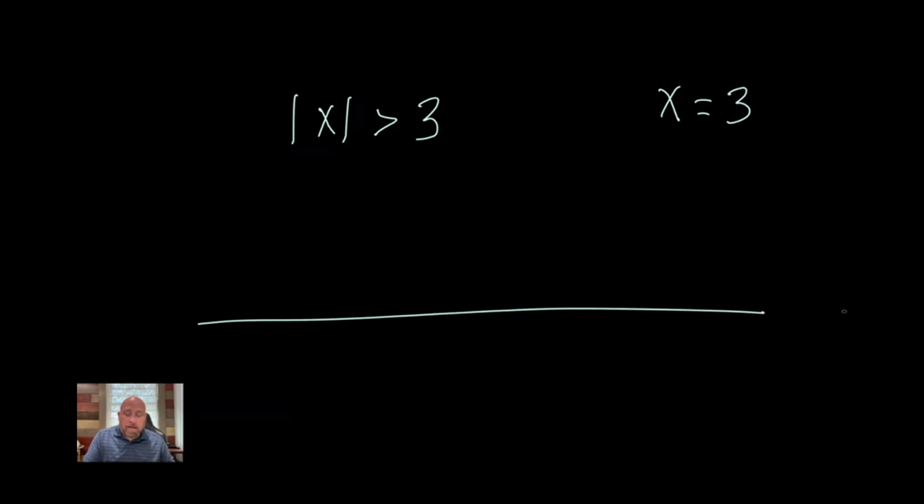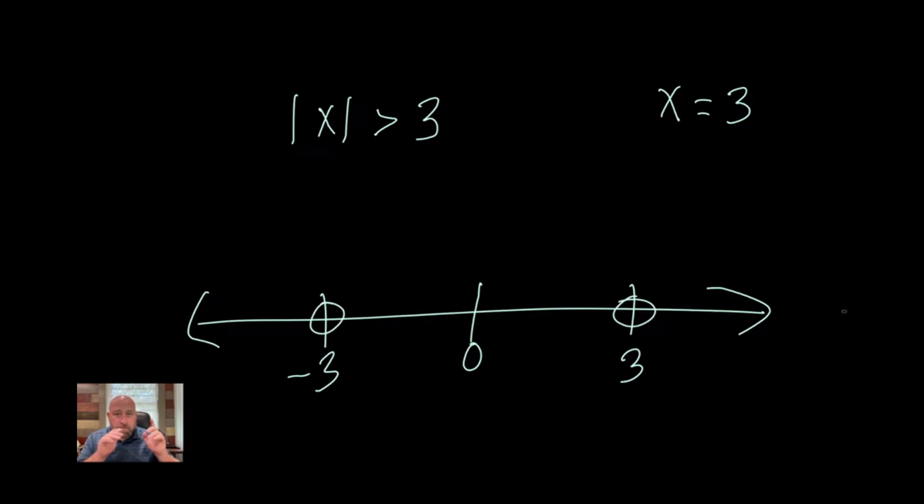On the number line, our numbers that matter are actually going to be 3 and negative 3. And those are both going to have circles on them, right? Okay, so think through this. We're going to have solutions that go up to the big side of 3: 4, 5, 6, 7, 8, 9, and then over to the smaller side of negative 3: negative 4, negative 5, negative 6.